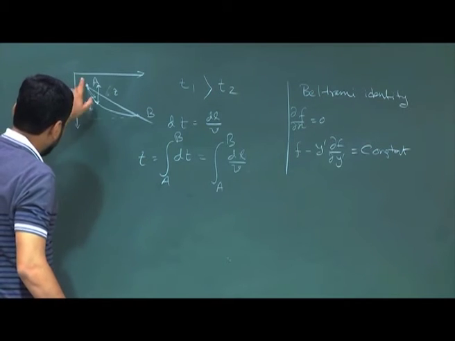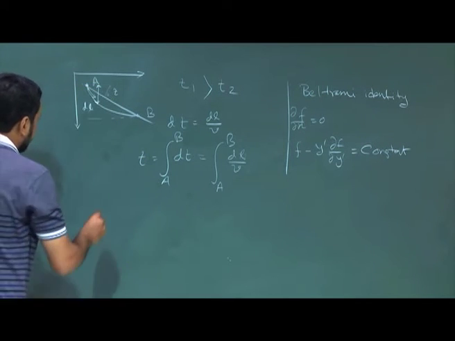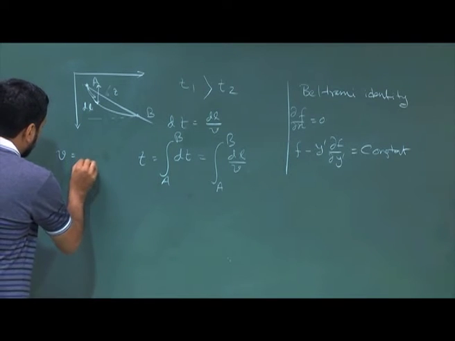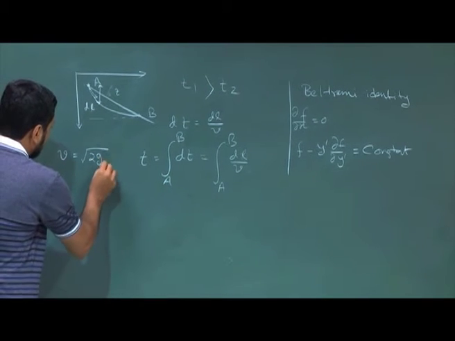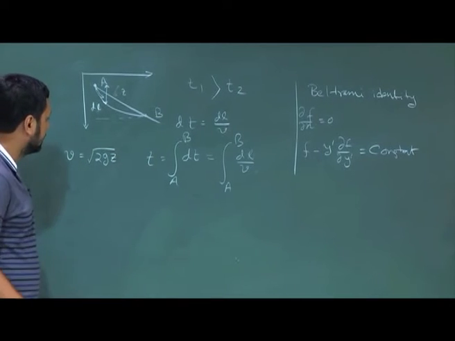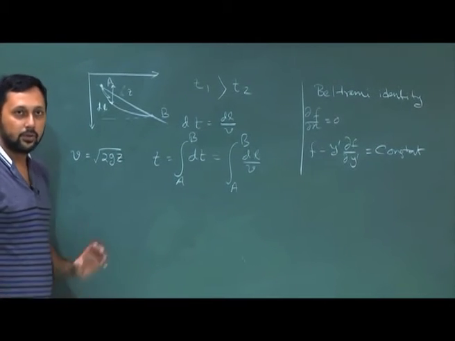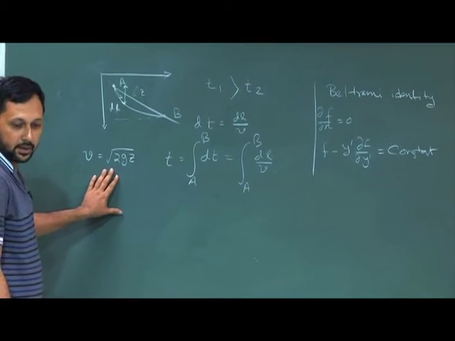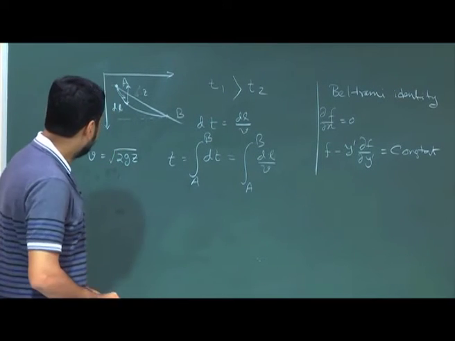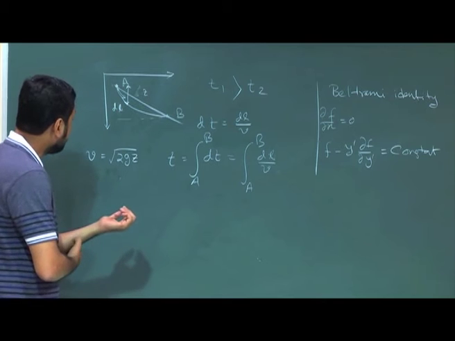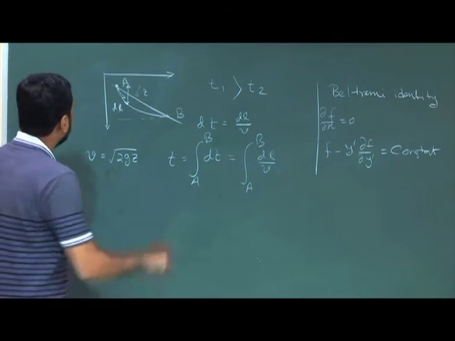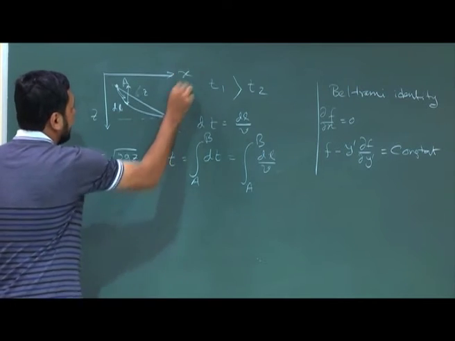If this is z, then from Newton's law we can immediately get that v is equal to root 2gz. This is the familiar expression. And of course, if this is the z axis, this is my x axis.